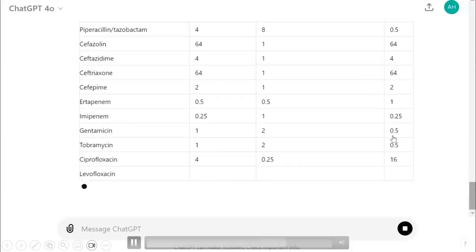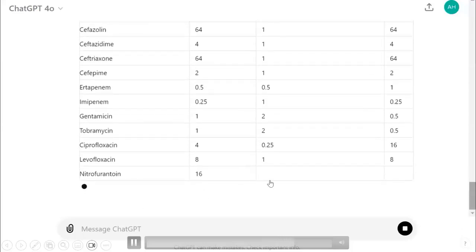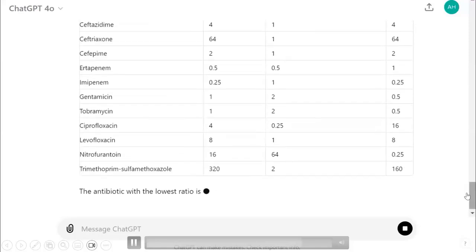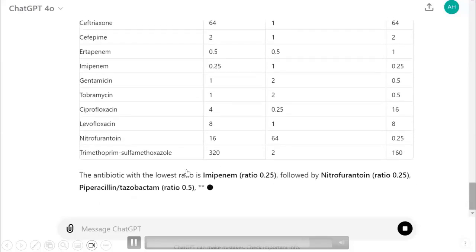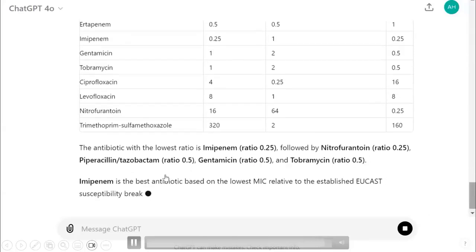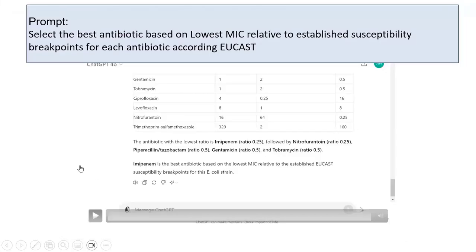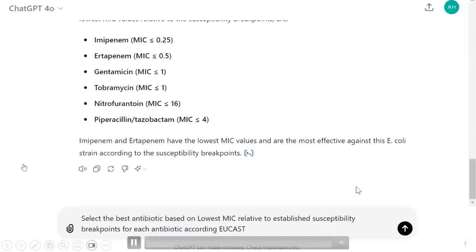According to the lowest ratio, ChatGPT posts the best antibiotic. The antibiotic with the lowest ratio is imipenem, followed by nitrofurantoin, followed by piperacillin tazobactam. So imipenem is the best antibiotic according to these results.